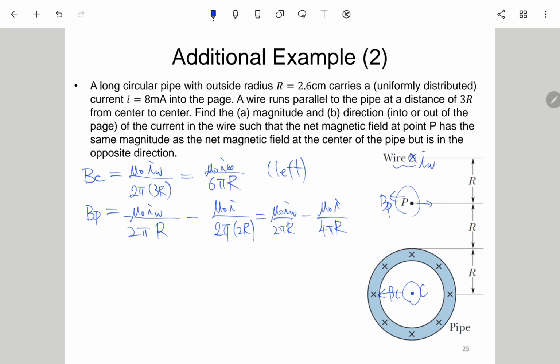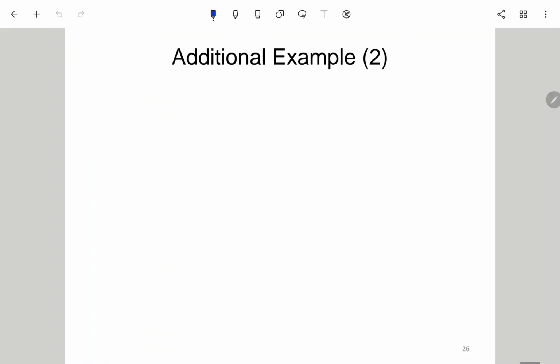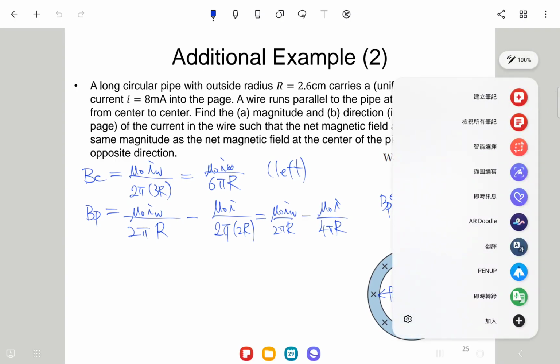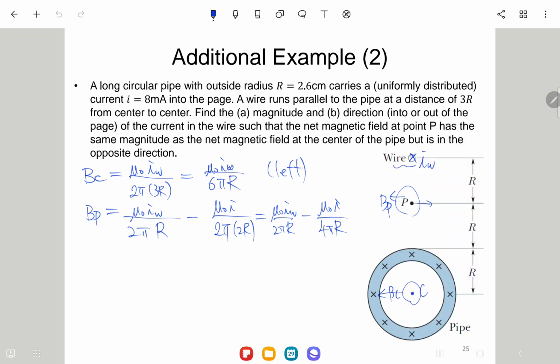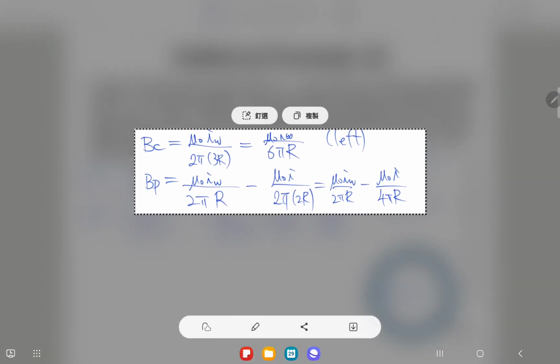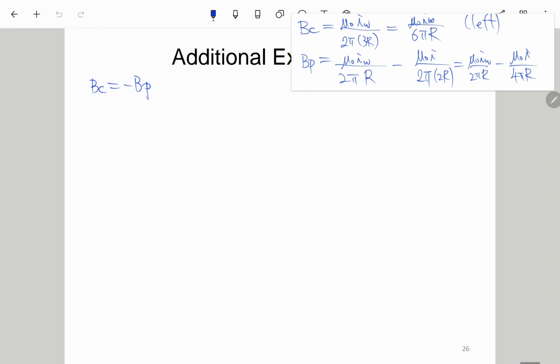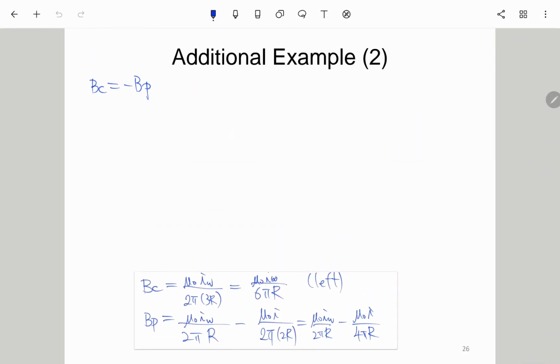And here we should have BC equals negative BP. Let me put this here.